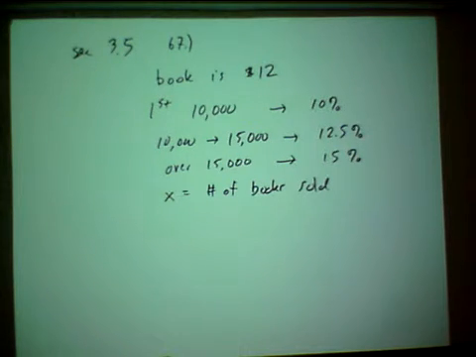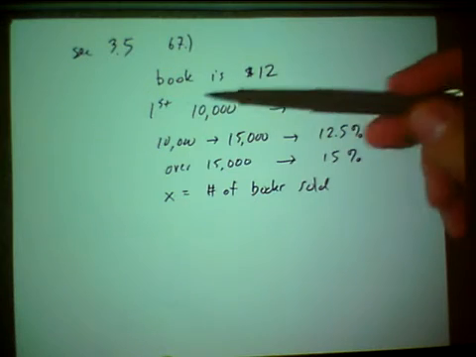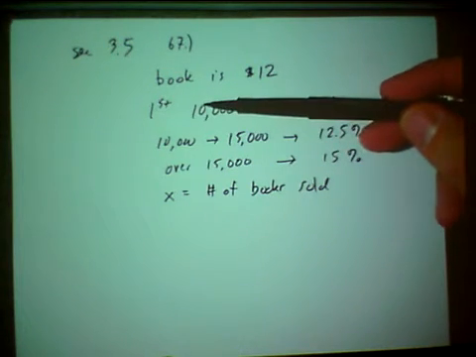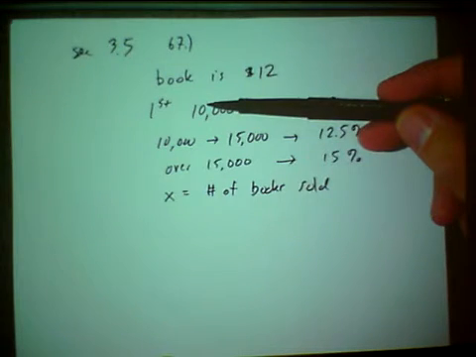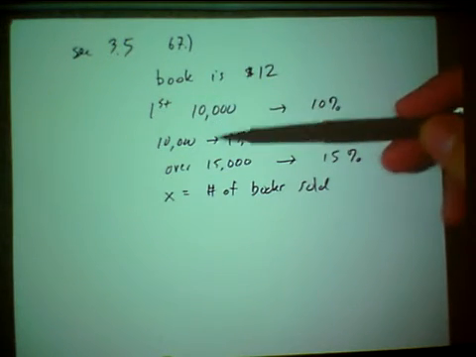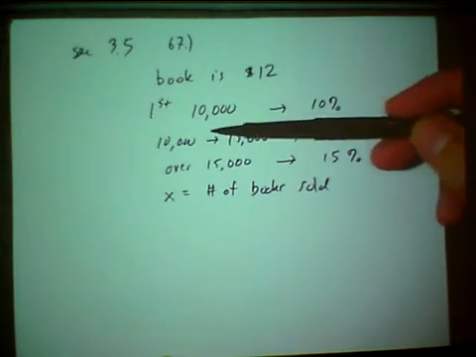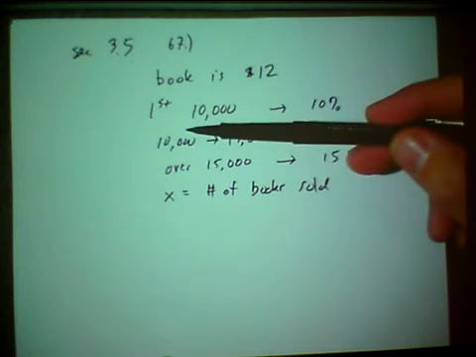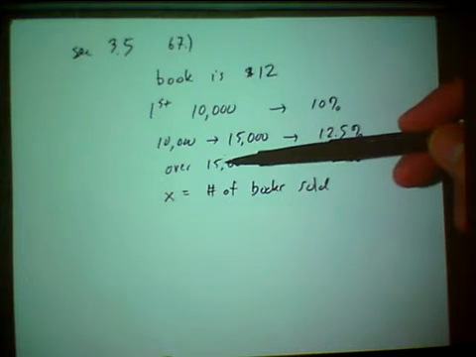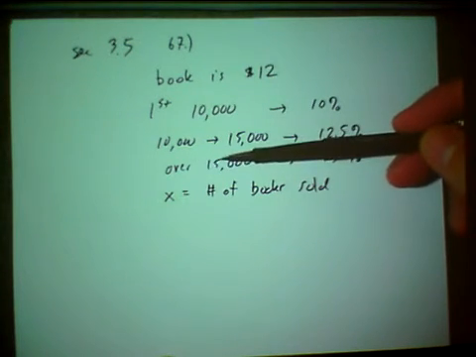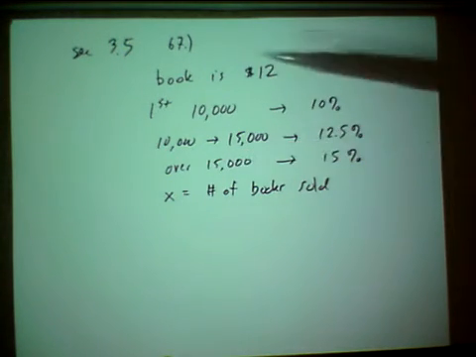You have to write an equation for each of these levels. In other words, we're going to write an equation if the number of books sold is between 0 and 10,000. And then we're going to write a second equation that will work if the number of books sold is between 10,000 and 15,000. And then we'll have to write a third equation that we use for when over 15,000 books are sold.